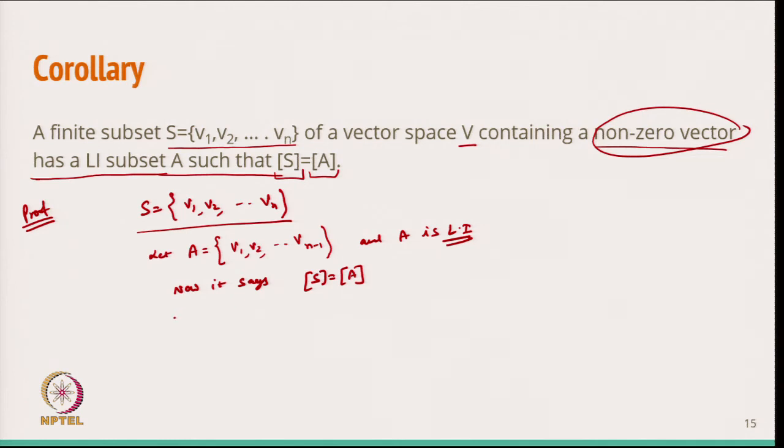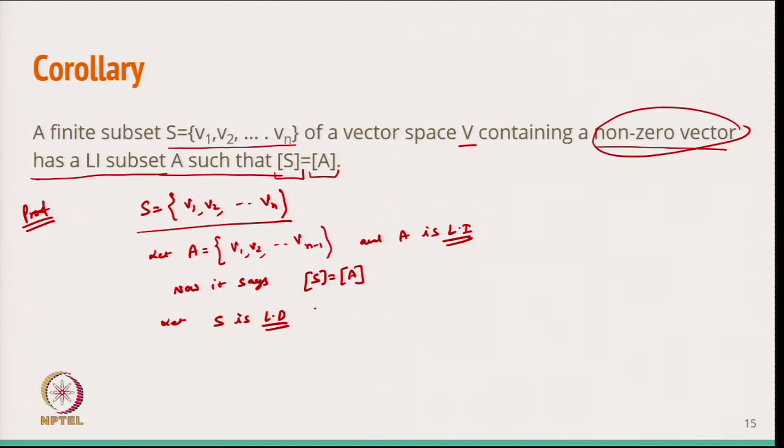But how are we going to show this? Now, let us take the set S to be linearly dependent. Suppose the set S is linearly dependent.